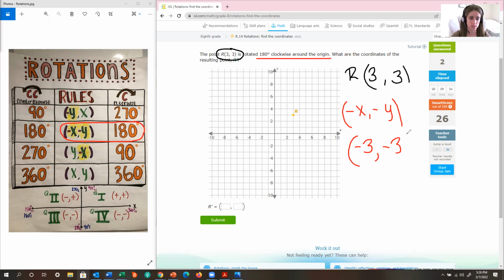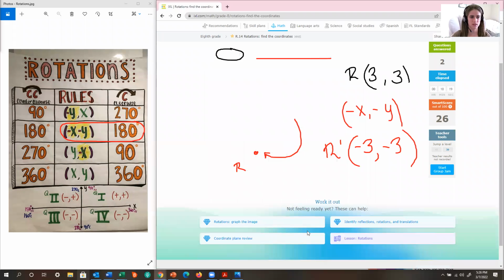So for a 180 degree rotation, you just multiply both values by a -1. For visual purposes, that lands us right here. And if we're going 180 degrees clockwise, that's 1, 2 turns. Very good.